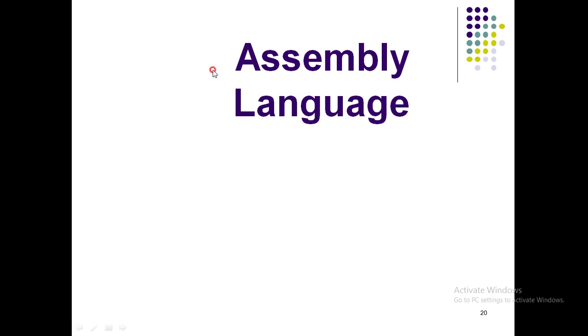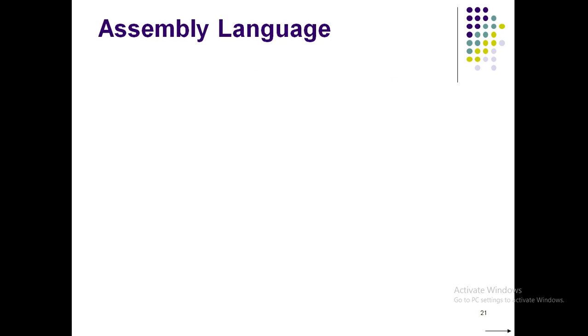Now, before moving into assembly language, you might already know that all our computers have a processor. You have seen various processors in your first module as well. For example, the most famous processor we have is Intel. Similar to Intel, you have Motorola as well, which is a bit obsolete right now.